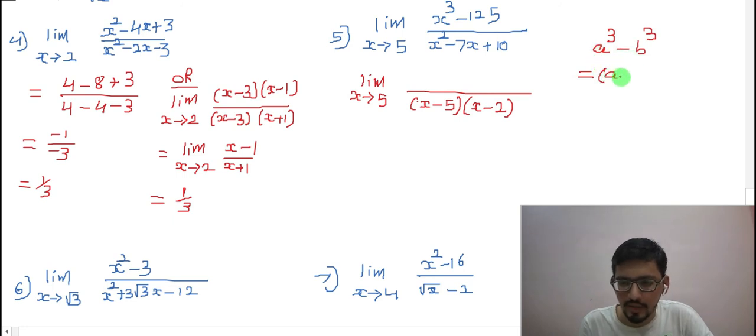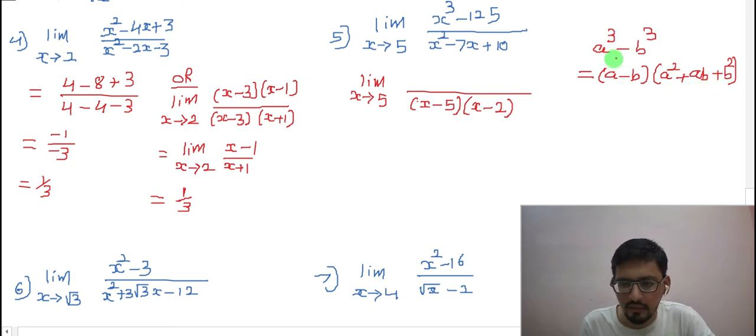In one small bracket you write a minus b, and in the second big bracket you write the square of the first term, which is a square, minus will become plus, first term into second term, which is ab, last term always plus, and the square of the last term, which is b square. So a cube minus b cube is (a minus b)(a square plus ab plus b square).